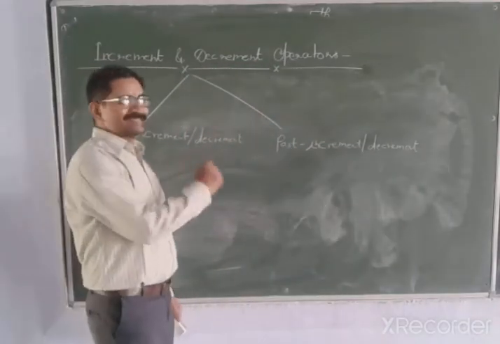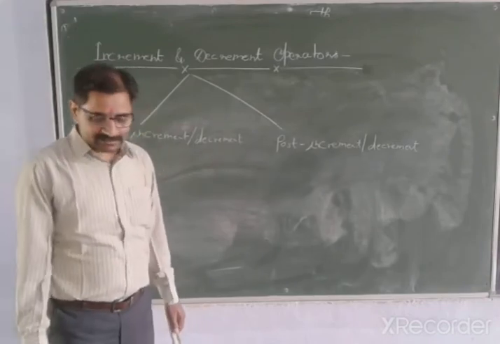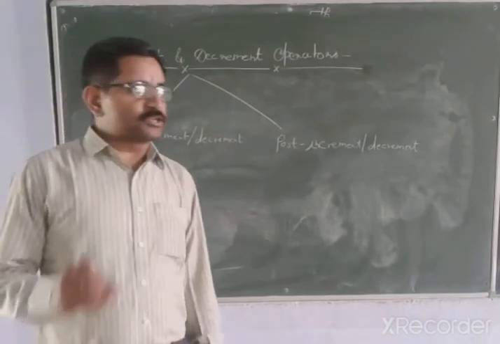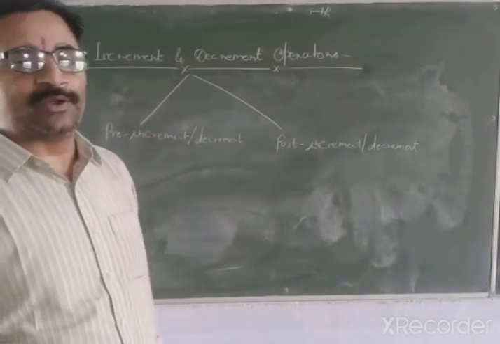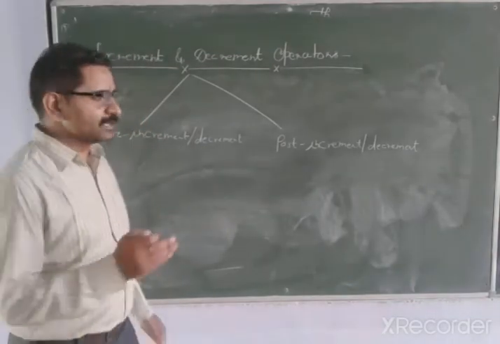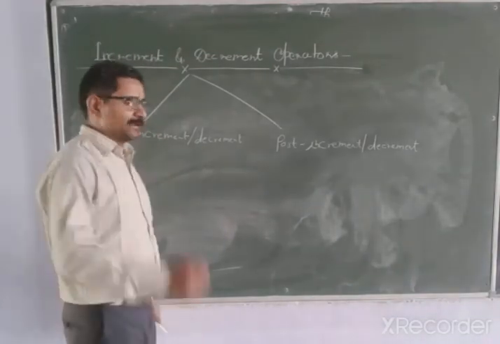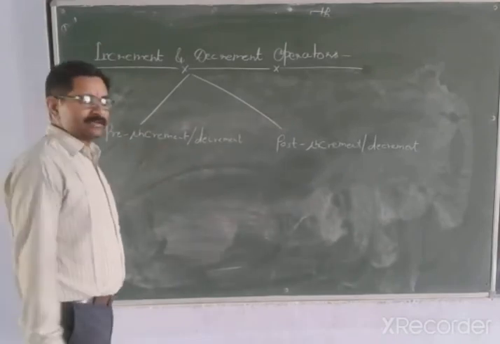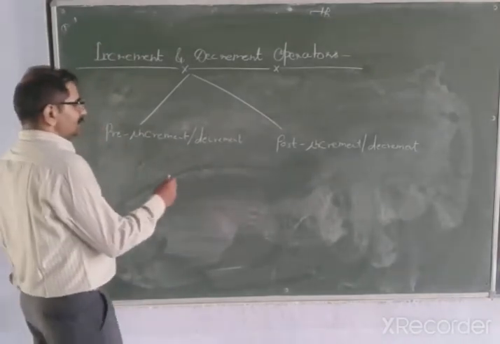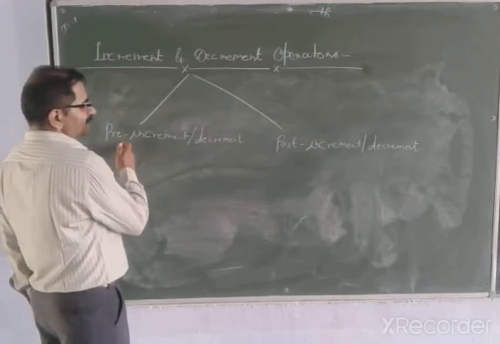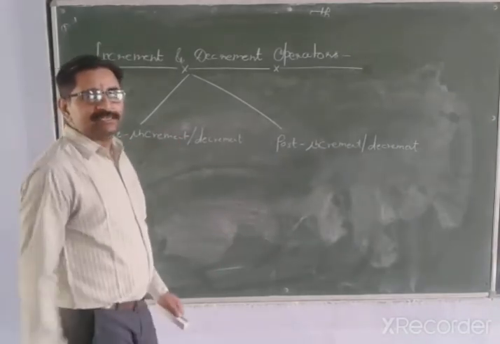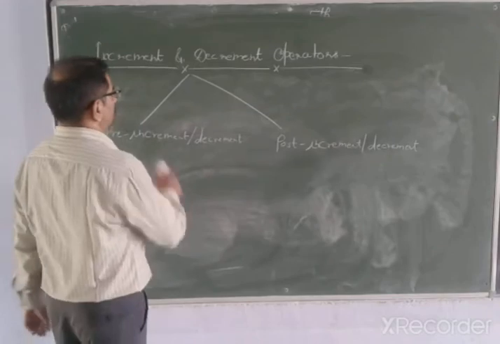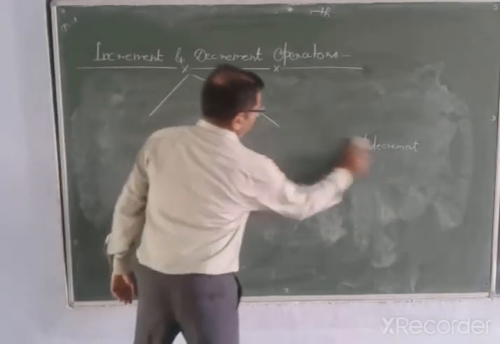So to understand the functioning of these operators, you can take any one, either increment or decrement. Here we take the increment operator, with pre-increment and post-increment. First we talk about them.